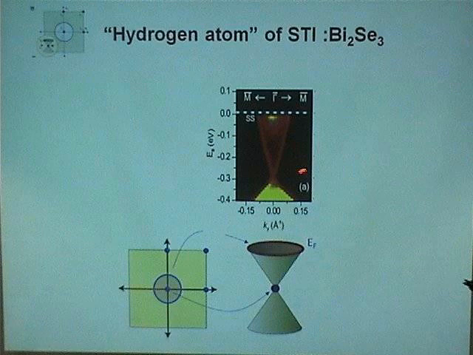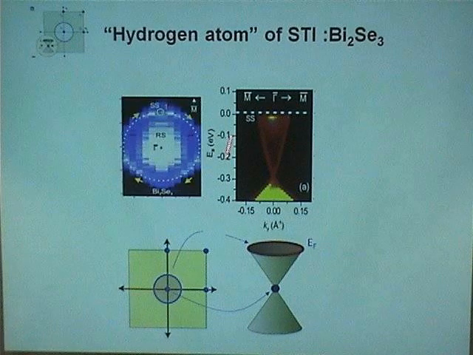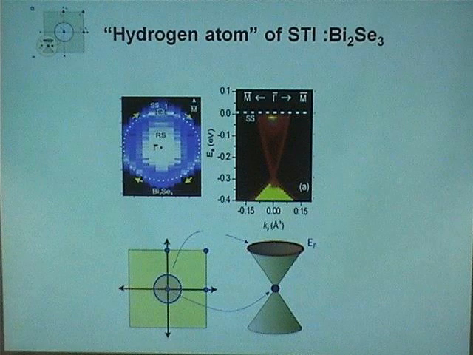Okay, so we have this picture. It's the Kramer's point, which, if I look close, should look like a Dirac point. And since I'm hitting part of the bottom of the conduction band, I also have a resonant state. And that resonant state is sample dependent.